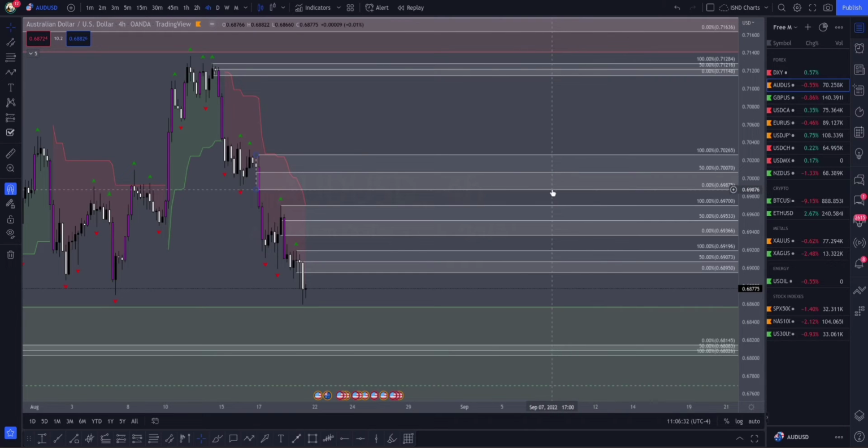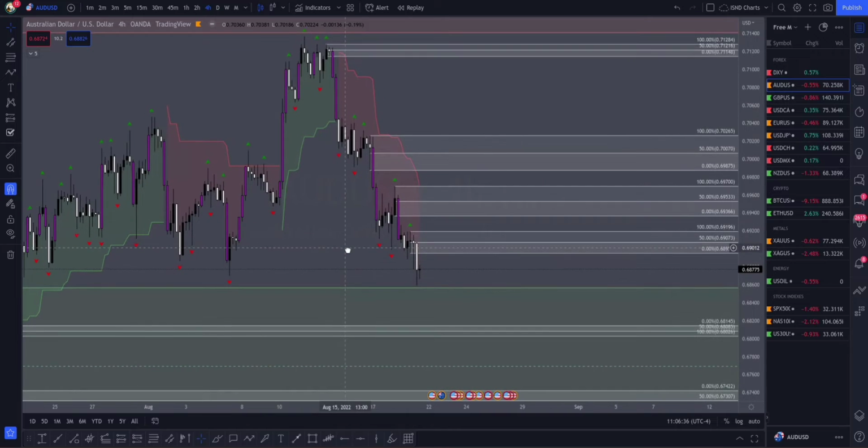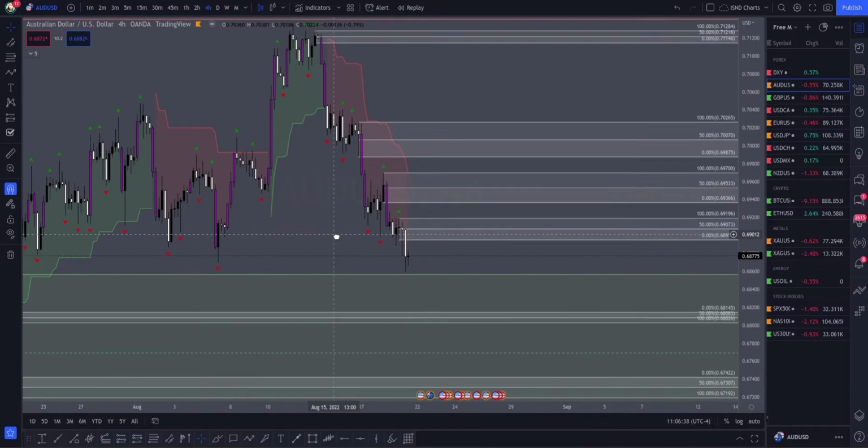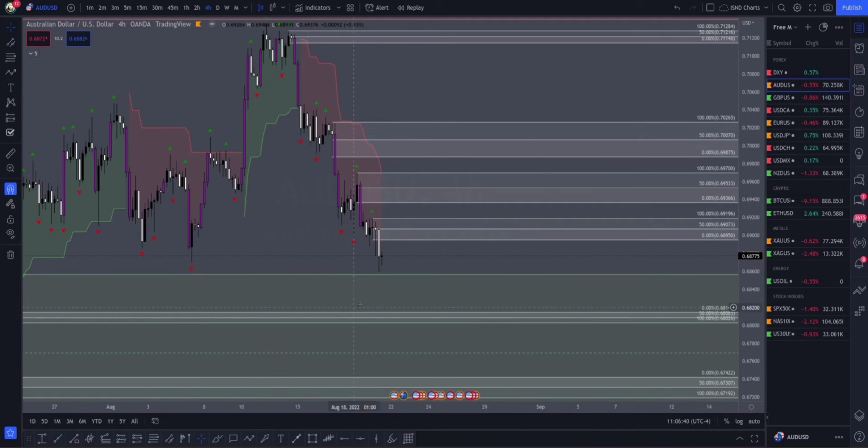Aussie USD. Short-term currency bias is undecided on this pair, so we're simply going to have to wait for price to come into a supply or demand area and trade from there. We are currently in a downtrend.